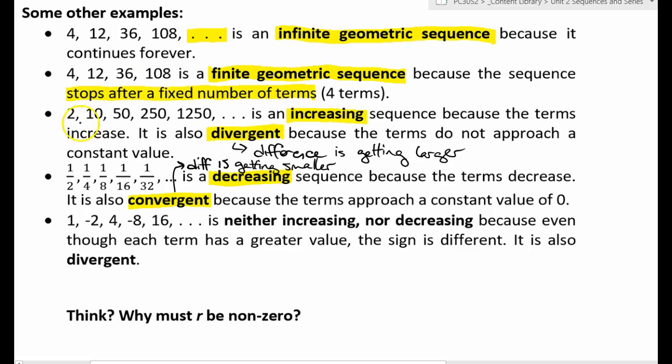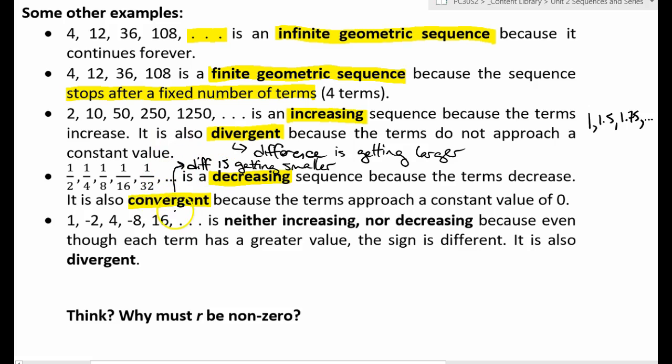Okay, you can have an increasing convergent sequence. You can also have a decreasing divergent sequence. Okay, those are still possible things. Just these particular examples pair increasing with divergent and decreasing with convergent. An example of the other would be if we go from 1 to 1.5 to 1.75, etc. Okay, that would be an increasing convergent sequence.